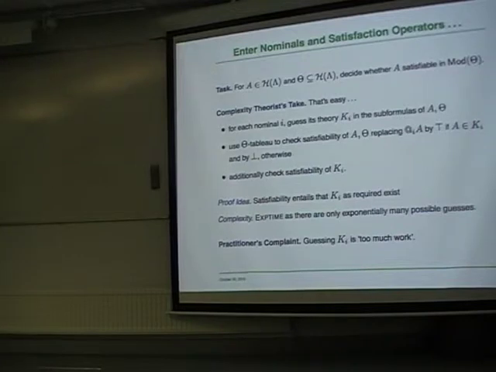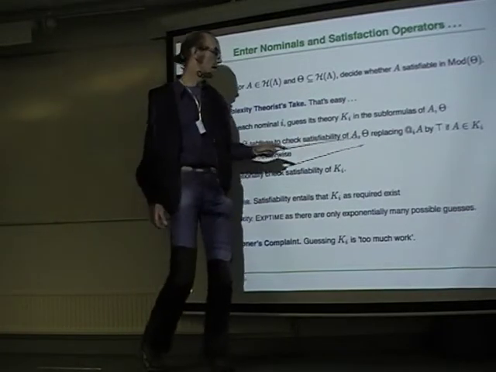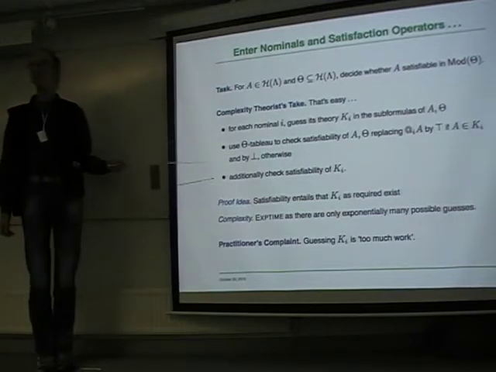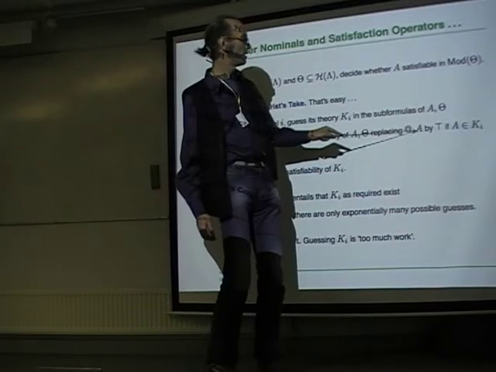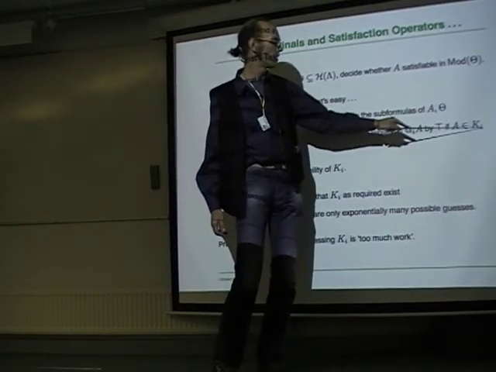And then we use the method I've outlined previously. We just ignore the nominals and the satisfaction operators, and whenever we find one, we replace it by true if we've already guessed that this holds at point i.